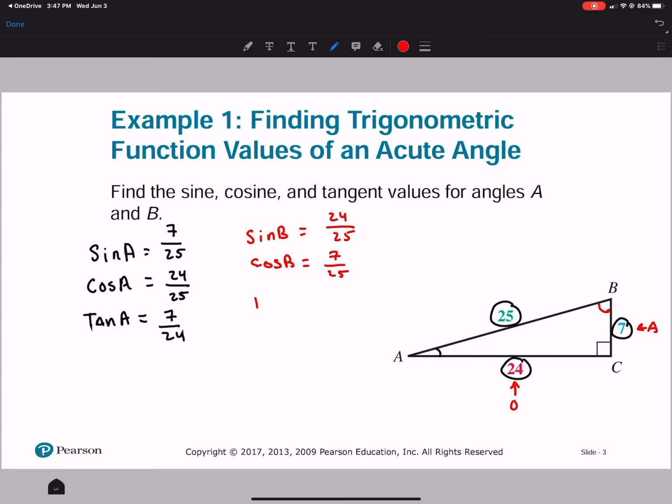Then my tangent would change, right? So instead of 7 over 24, it'd be what? 24 over 7. If you notice, the sine and cosine switch when you change to a different angle, because the opposite and the adjacent sides switch. If you have any questions about these, make sure you hit me up on Microsoft Teams or you email me.